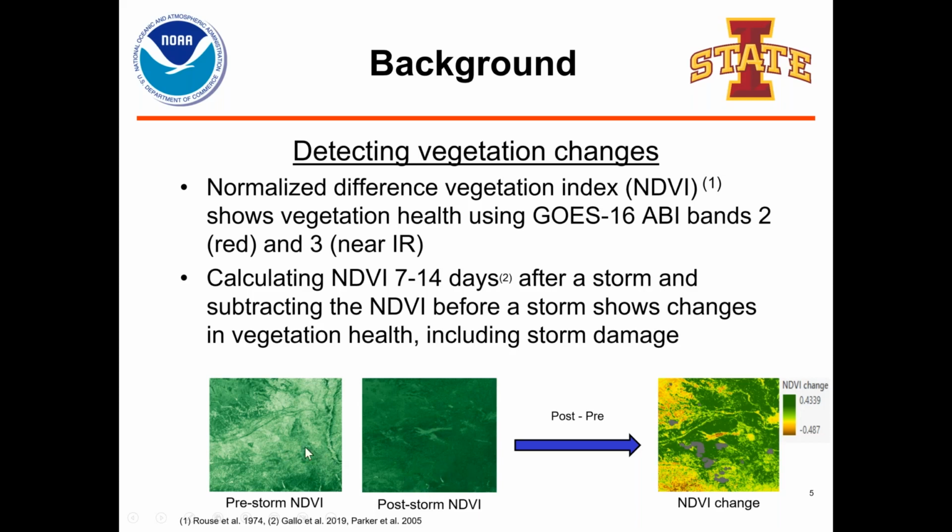And so before the storm, you don't see any sort of hail swath here, but after the storm, that starts to show up, and then in our NDVI change on the right side here, we get in green anywhere where vegetation health or greenness has increased, and anywhere in the yellows or browns is where we saw a decrease through that period. And so we actually have two hail swaths from 2 different days showing up in this particular image.